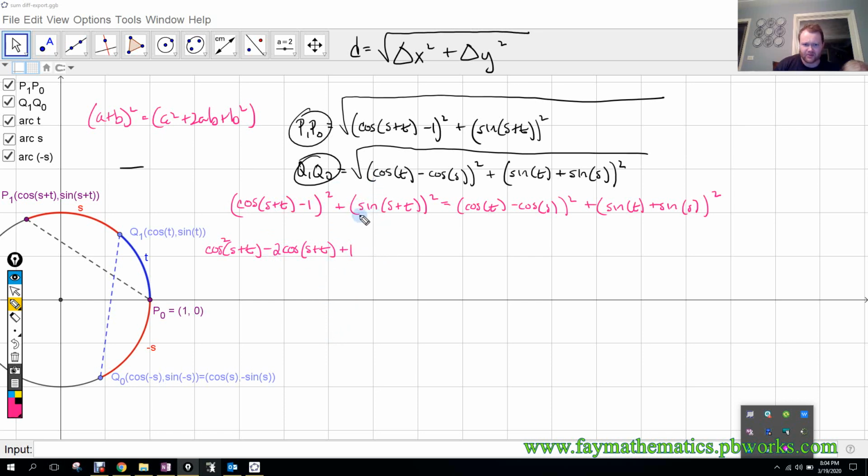And then I'll do the same. So this here obviously isn't a sum or a difference squared, so this just stays sine squared of s plus t. Over here on the right hand side, do the same thing. So this becomes cosine squared t minus then 2 cosine s.